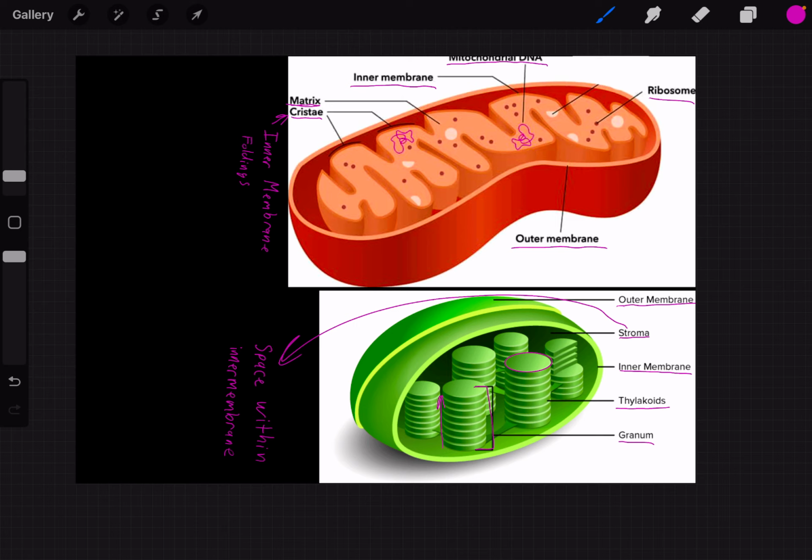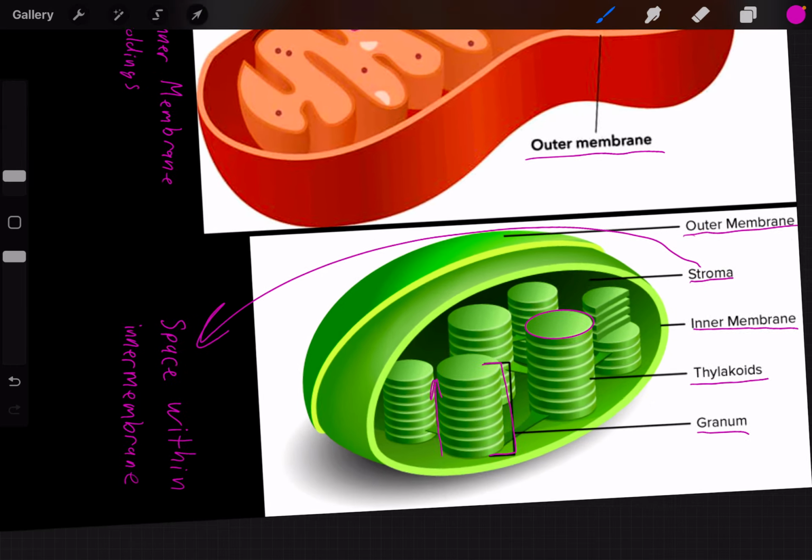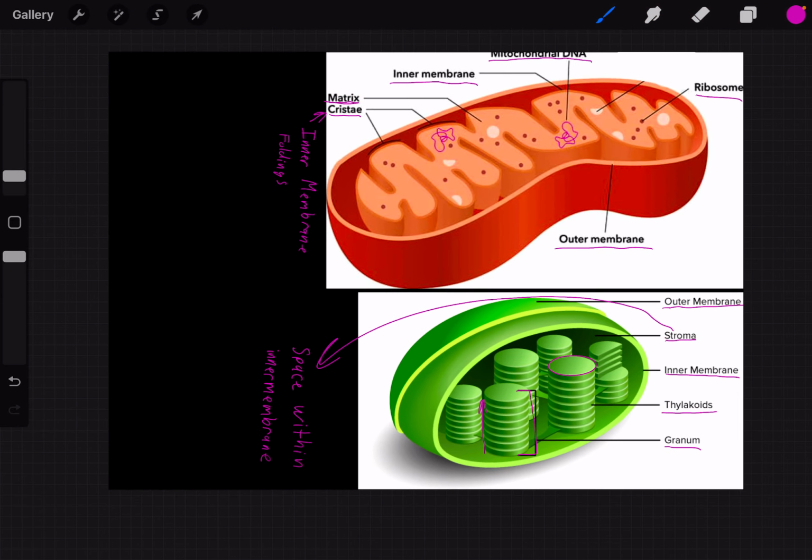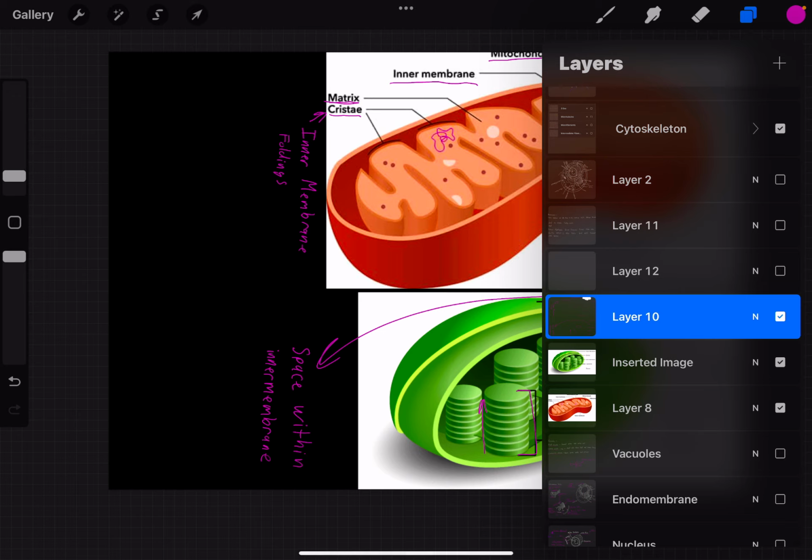They don't just have a chloroplast. Plant cells have both the mitochondria and the chloroplast. And so mitochondria carrying out cellular respiration and the chloroplast carrying out photosynthesis will really help both types of cells. So that would be it for mitochondria and chloroplast.